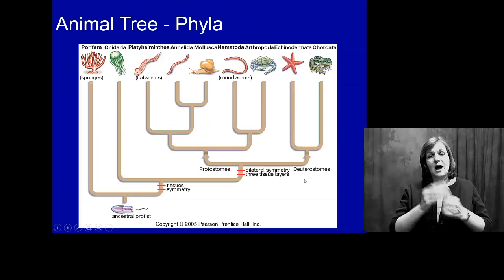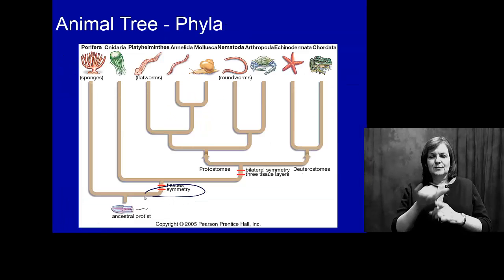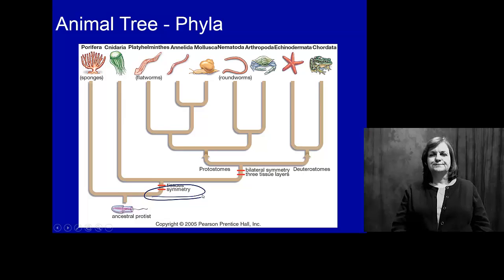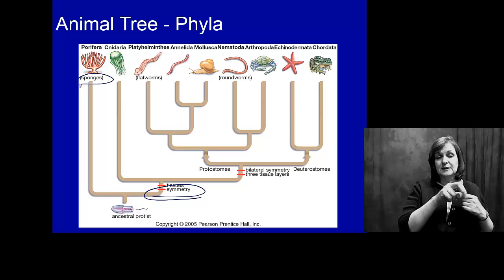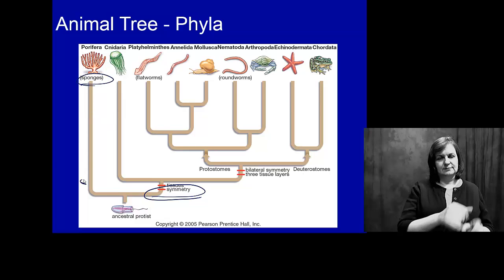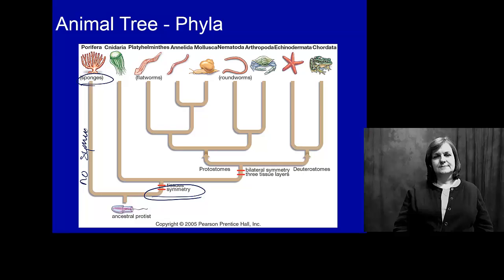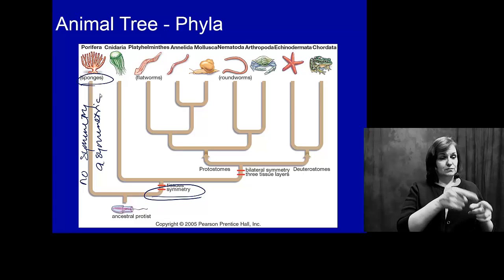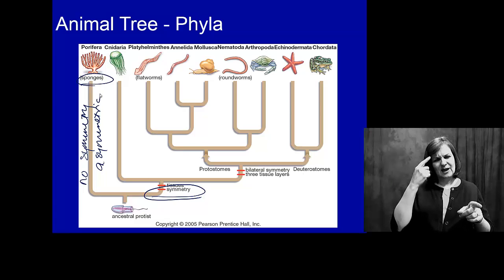When we look at symmetry on our tree here, we see that symmetry comes up as a derived character right about here, okay? That means that for our sponges, there's no symmetry. So we said it was asymmetric, right? So the symmetry for the rest of these, we have to think about.